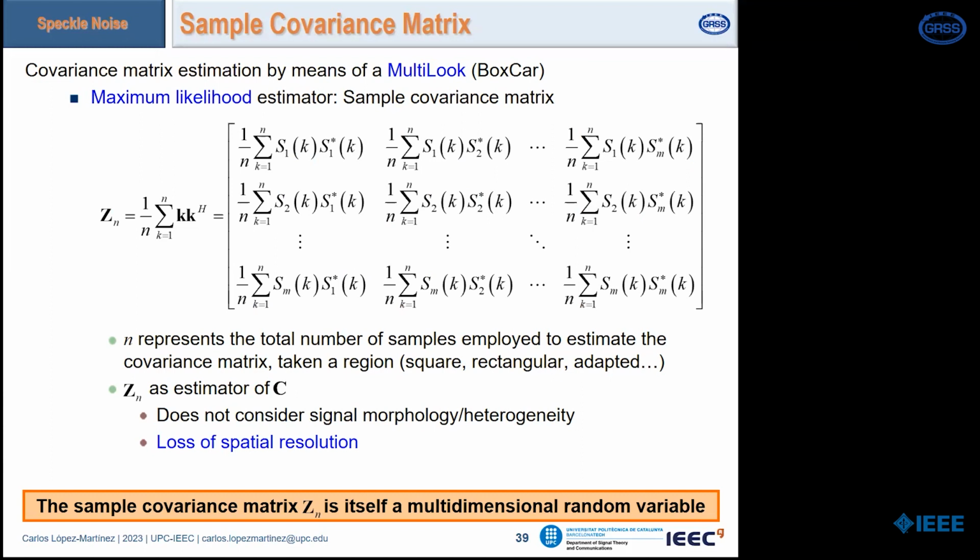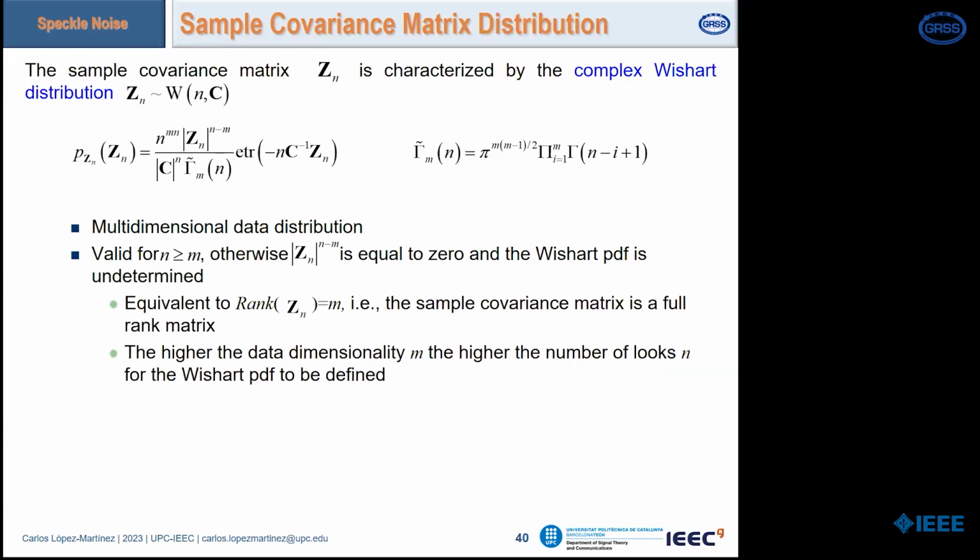Okay. Therefore, and this is where it also starts to become difficult, the estimation of this covariance matrix is at the same time a random variable. Okay, it's a random matrix. So it is possible to see that this estimated covariance matrix is distributed according to the complex Wishart distribution, which is this expression in here, and is only valid for n larger or equal to 3.